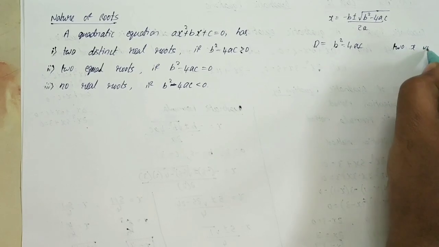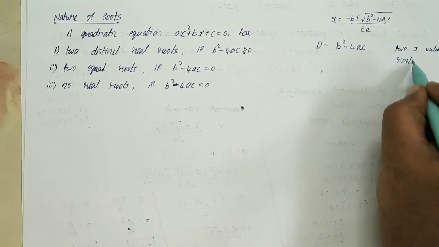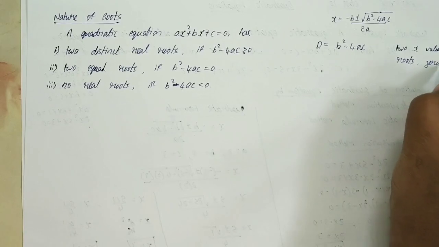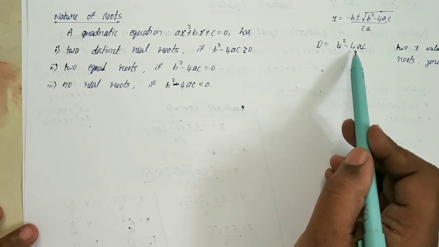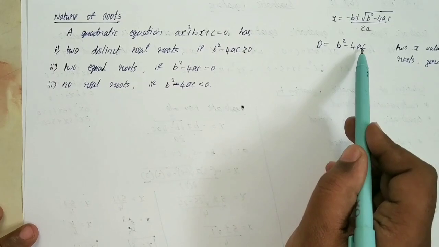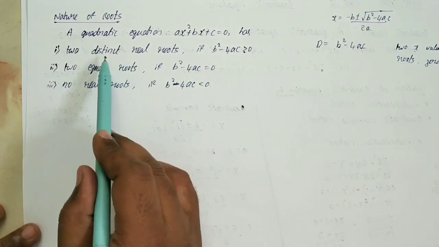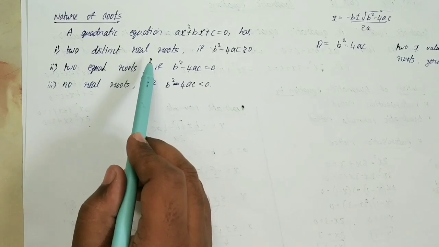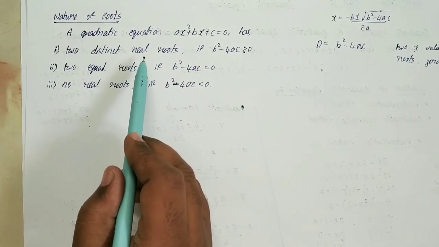We call those x values roots or zeros. So if the discriminant is greater than 0, we will get two different x values. Two distinct real roots means two different x values.